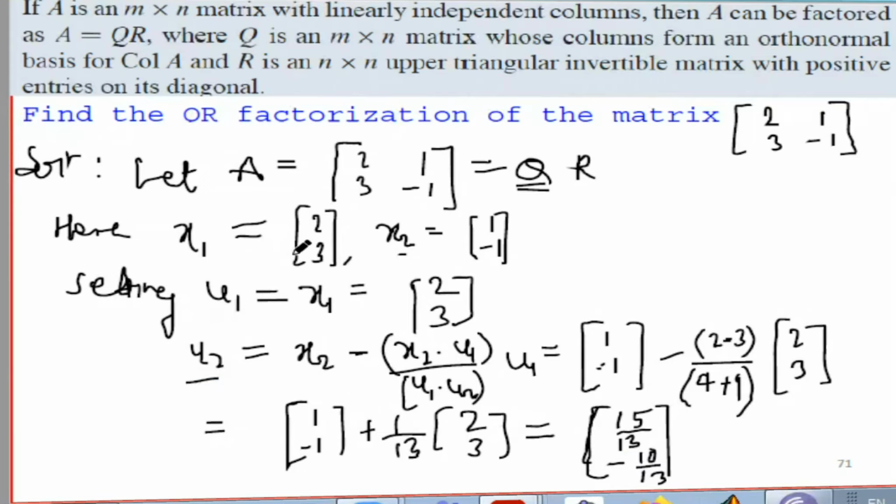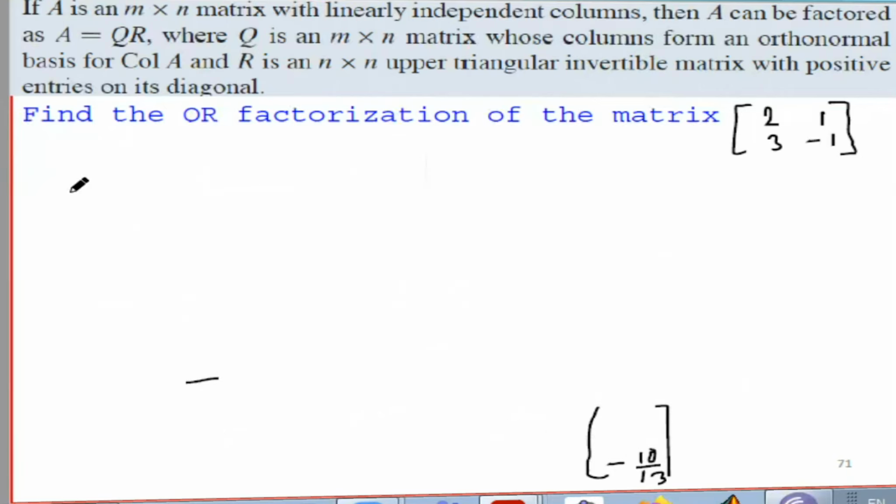From this orthogonal basis, we construct an orthonormal basis. We write V1 as u1 divided by the norm of u1.